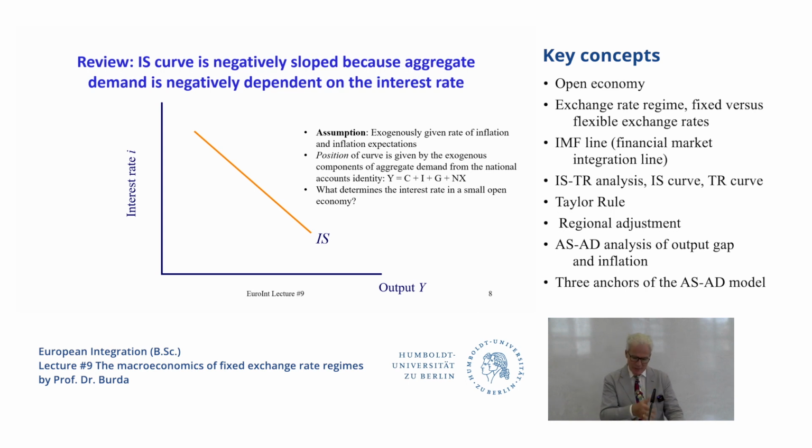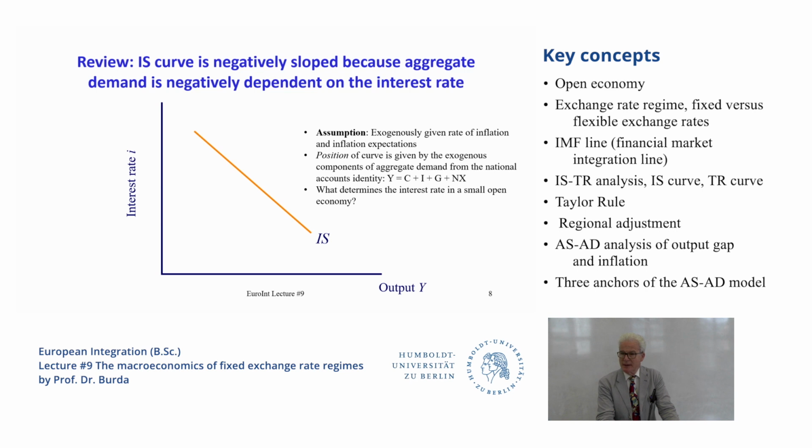So this is the behavior of the real economy in response to different levels of the real interest rate. When interest rates are high, the level of aggregate demand is low, and the level of output, when output equals aggregate demand, is low. That's the logic. Cut interest rates, all things given, you're going to have more demand, more output. Where does the interest rate come from in a small open economy?